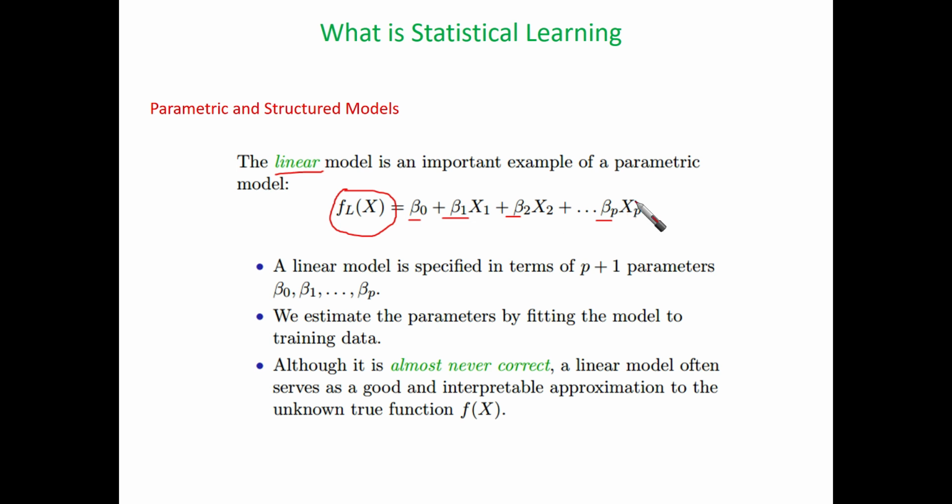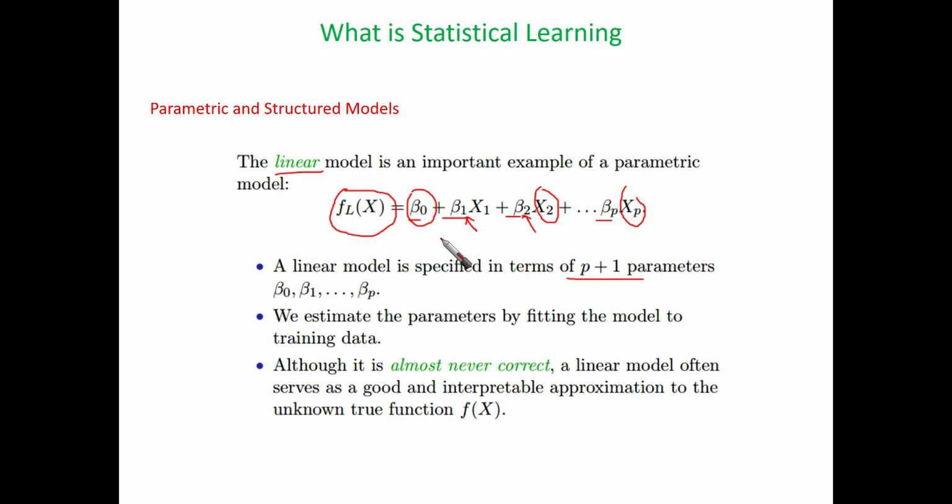So you consider predictor p weighted by parameter beta p, and predictor 2 weighted by parameter beta 2, and this one is weighted by beta 1, and this one is basically an intercept term. The very first term is beta naught. So for this sort of linear model, we have p plus 1 parameters.